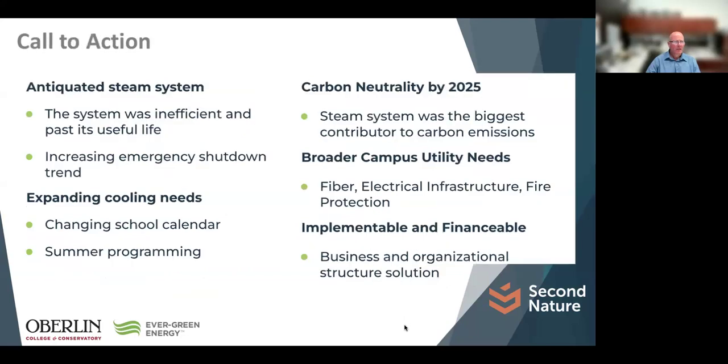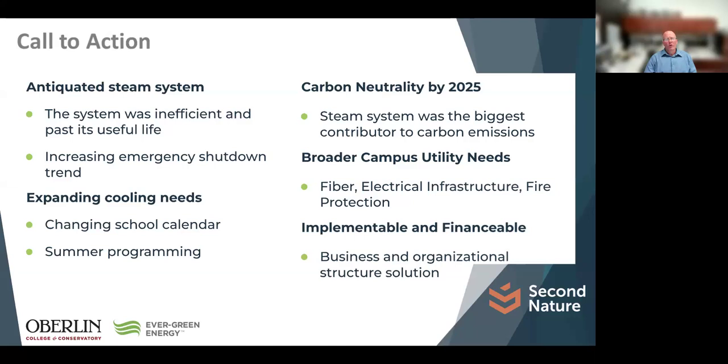Next slide. So in 2020, there was a call to action just because of an antiquated steam system on the campus. The Geo-Exchange solution also became viable because the college was looking to expand their cooling needs, with much more summer programming now than they had even back in 2020, pre-COVID.